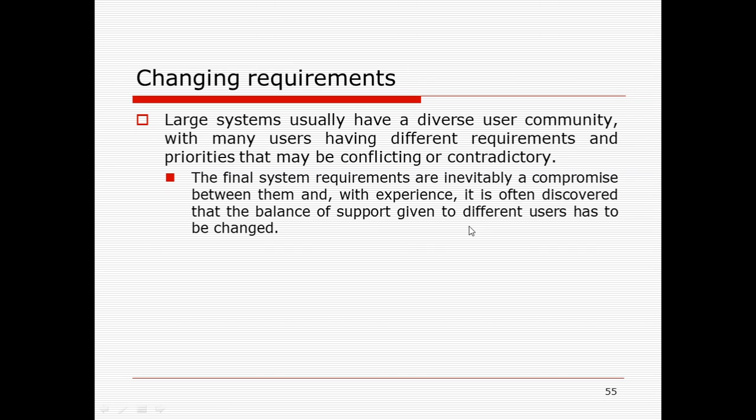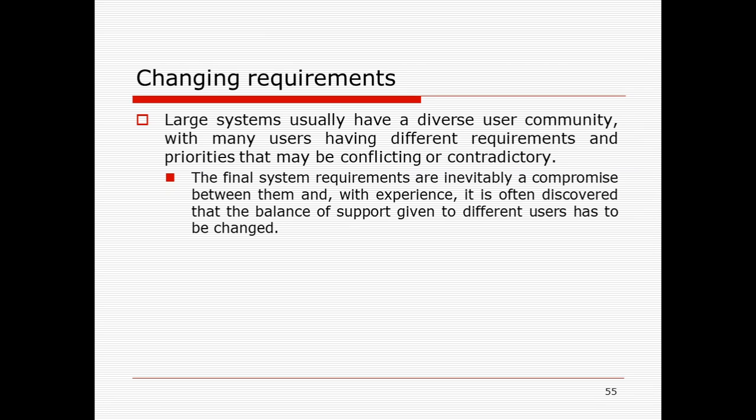The final system requirements means the requirements which are stated in the final requirement document. Those detailed requirements are inevitably a compromise between them. If there are conflicting requirements, the result has to be somewhere in between.